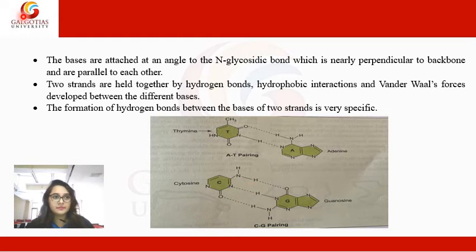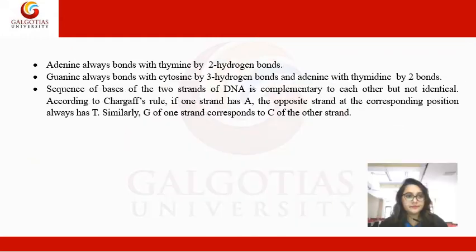Proceeding on. Adenine, that is A, always bonds with thymine by two hydrogen bonds. We saw that in our previous slide. Guanine always bonds with cytosine with three hydrogen bonds, and adenine with thymine by two bonds. The sequence of bases of the two strands of DNA is complementary to each other but not identical. So they complement each other but are not the same.